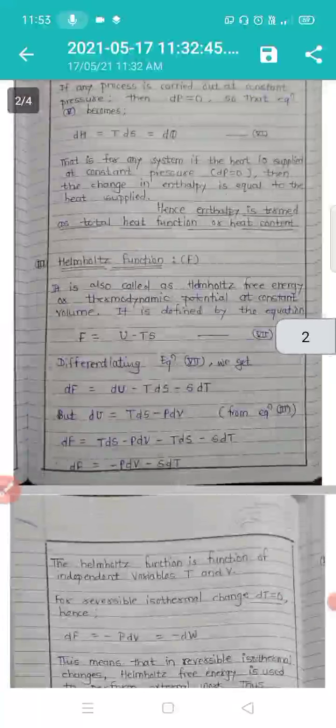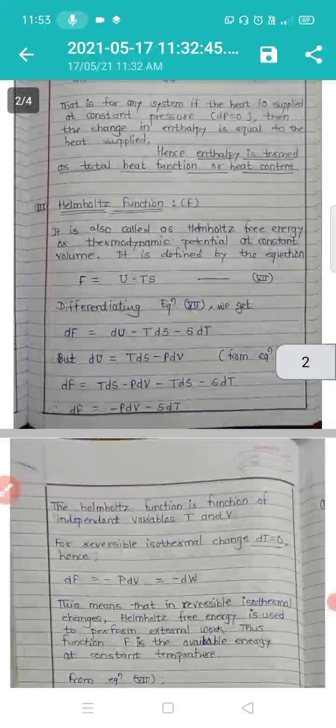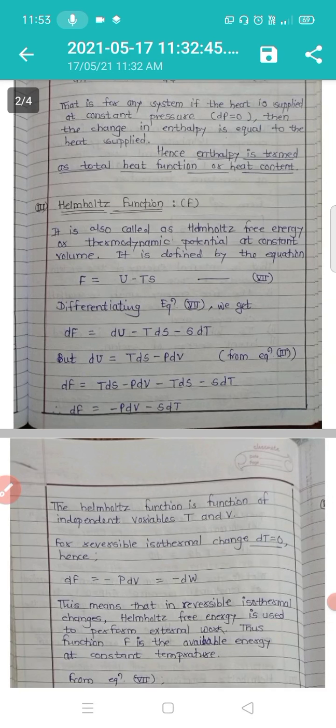Then the next function is the Helmholtz function, which is a principal thermodynamic potential. It is also called the Helmholtz free energy or thermodynamic potential at constant volume.